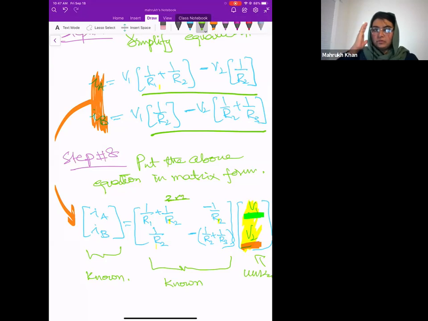So you don't have to worry about the R1, R2 and this, but you need to keep in mind that V1 and V2, which are unknown, are in the vertical form, and when they are multiplied, they will again make sense. When I multiply them, like I have done in the start, this row will be multiplied with this column.